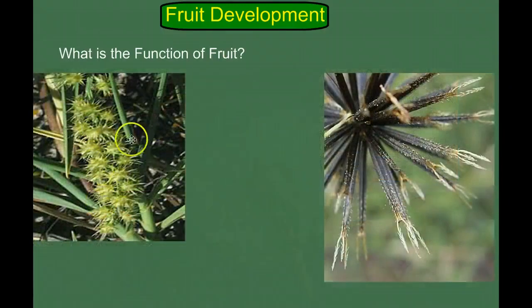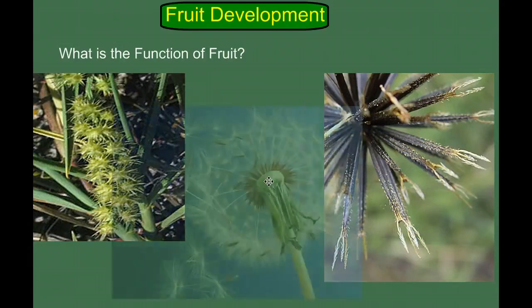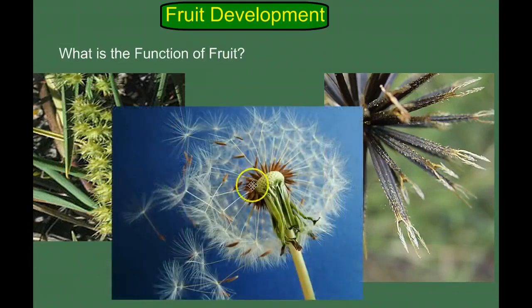These little sand spurs that get on your shoelaces when you walk down by the beach, or these, which if you were an animal would catch into your fur and pull off. This is a fruit. This is a fruit. And what about this? Each of these little dandelion things that fly off, caught by the wind, this is a fruit. Inside of that little pod right there is a seed.